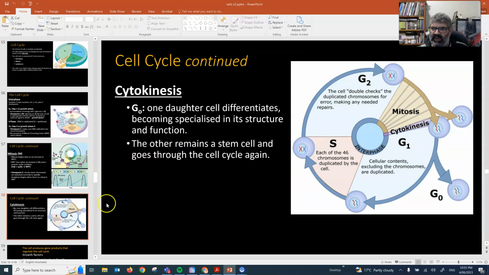The other thing I'll say is, as it's gone through, one cell is going to go off and become a specialized cell. So if more nerve cells were needed, that cell will go off and be a nerve cell. And once it's differentiated into a nerve cell, it doesn't become anything else. It's stuck there. It doesn't keep dividing.